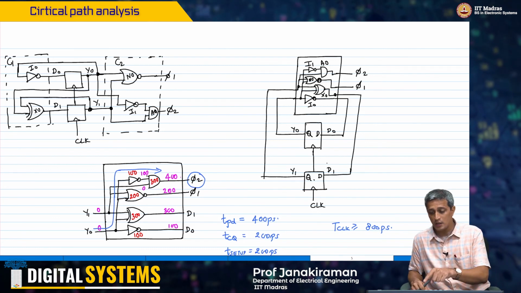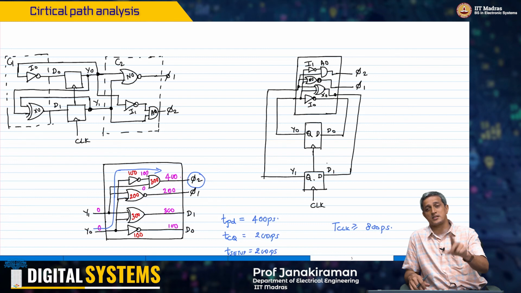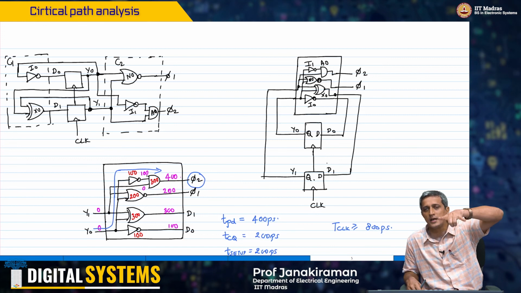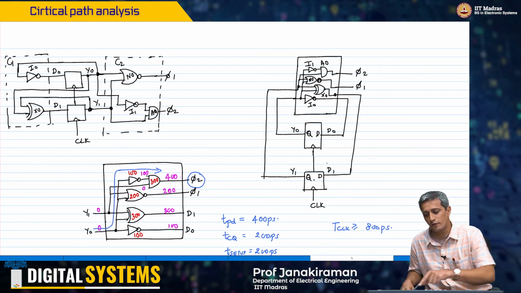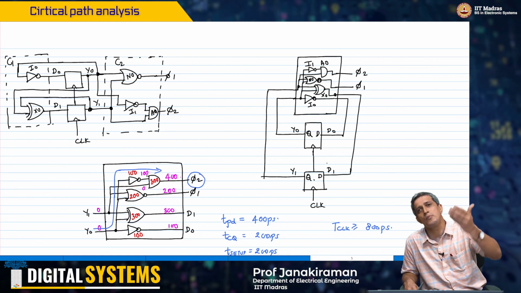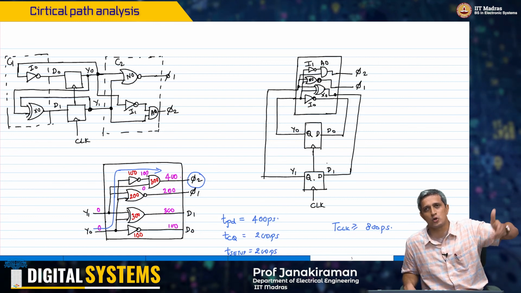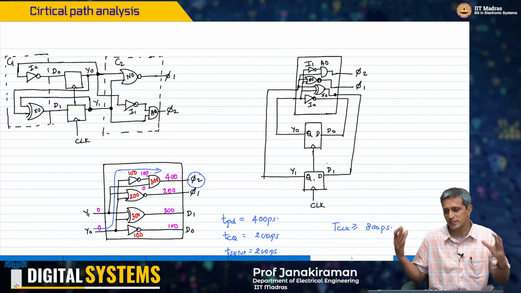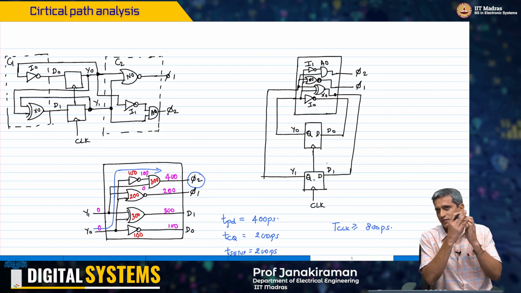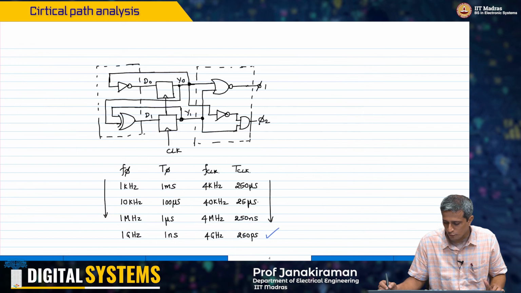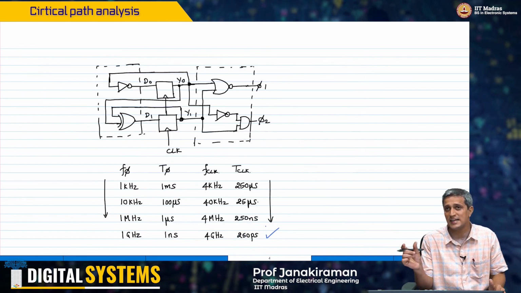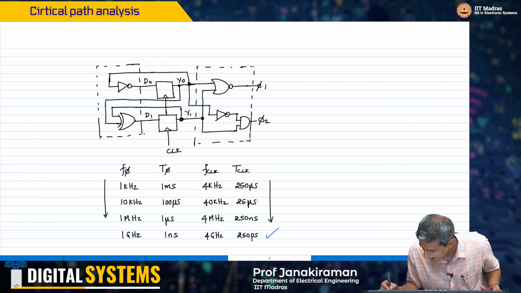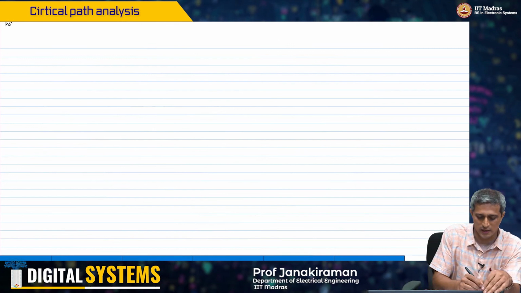But the same clock will be going to many circuits, and the slowest circuit will determine your operating frequency. Therefore, this 800 picoseconds may well be 1200 or 1500 picoseconds. So you may not be able to handle this kind of a design in a synchronous sequential circuit if you are operating at delays less than the minimum clock period which is allowed. Okay, and that's where something like asynchronous sequential circuits kick in.